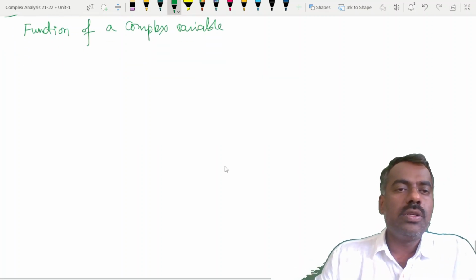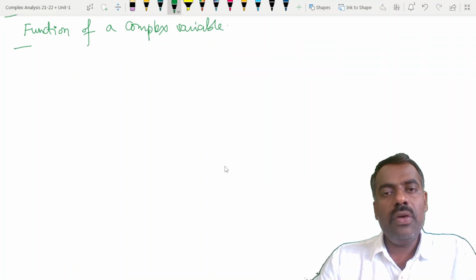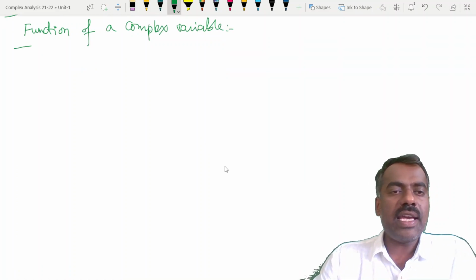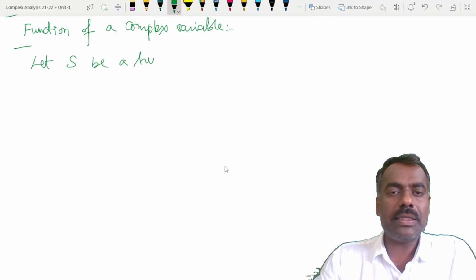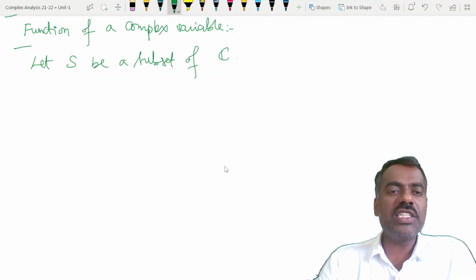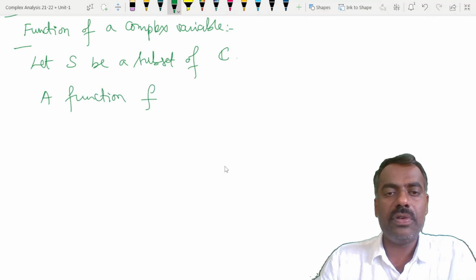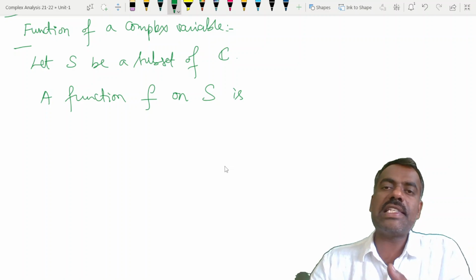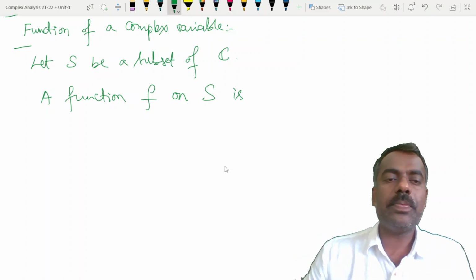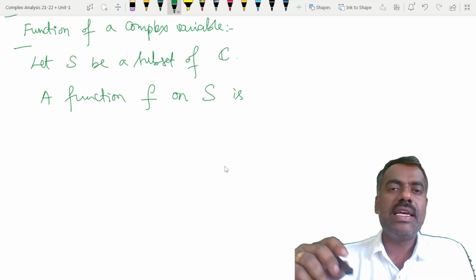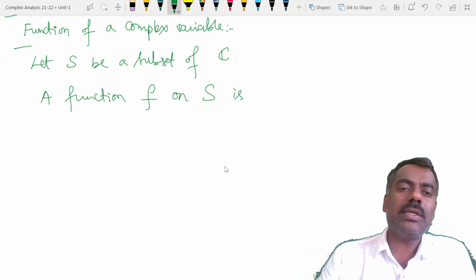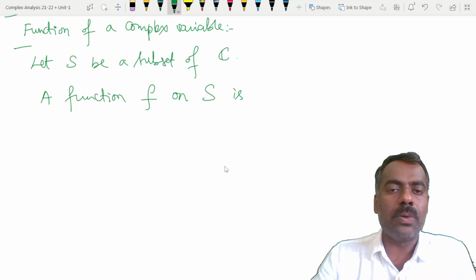Let S be a subset of the complex plane C. Then define a function f on S. It is just like in a real function: for every point of S there should be an associated point, right? Yes or no?